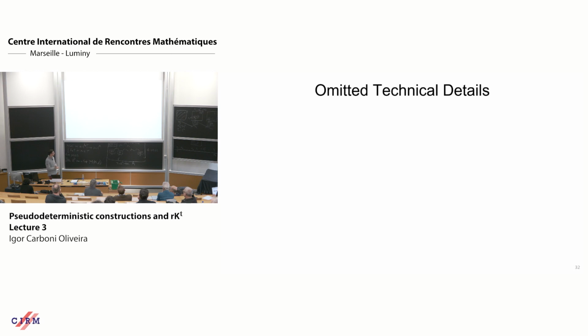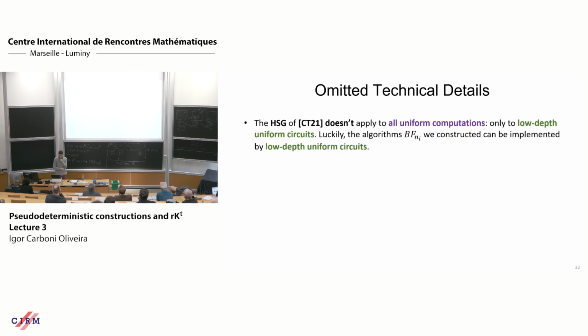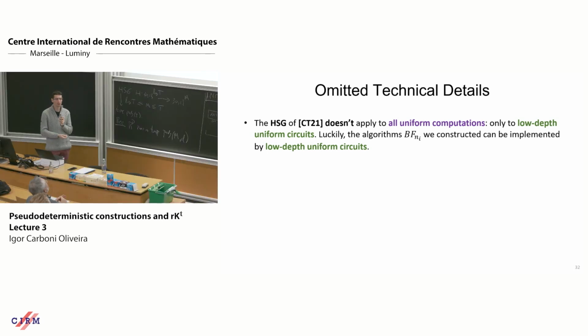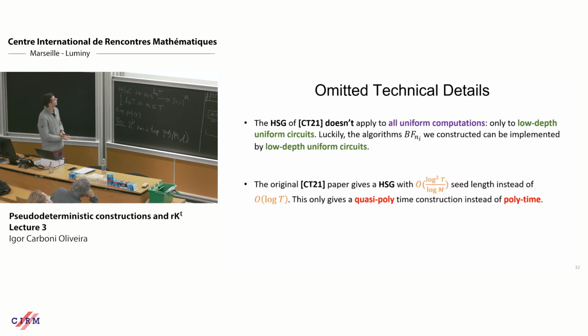Okay, so in this exposition, I had to omit some technical details. I briefly mentioned that this Chen-Tell generator doesn't work with all functions f. It needs to be a log-space uniform computation. Fortunately, it's possible to verify that these brute force procedures are uniform enough. They are reasonably simple procedures, and the uniformity is not too hard to establish. So that's good.